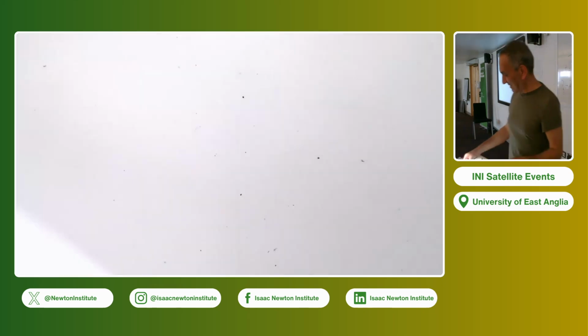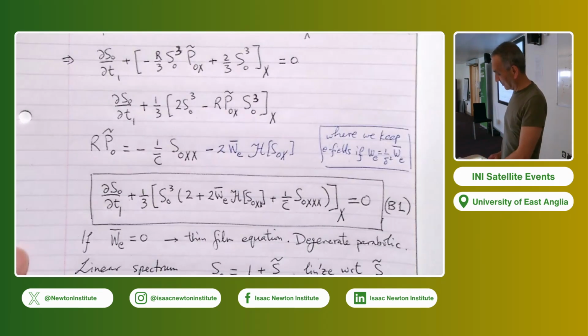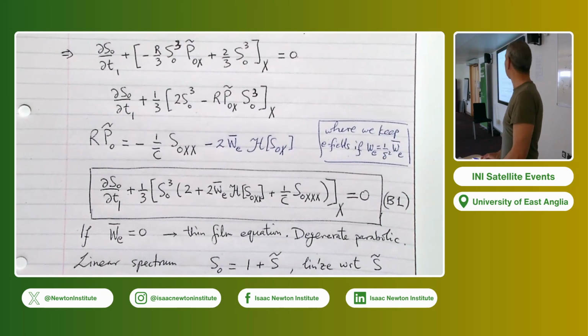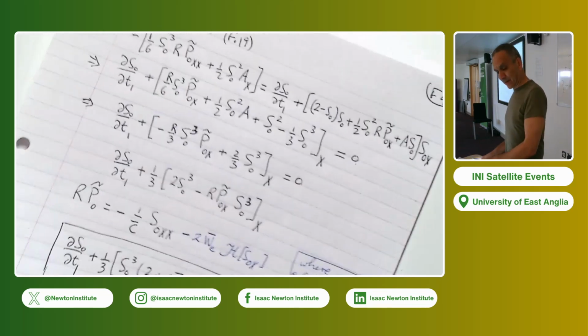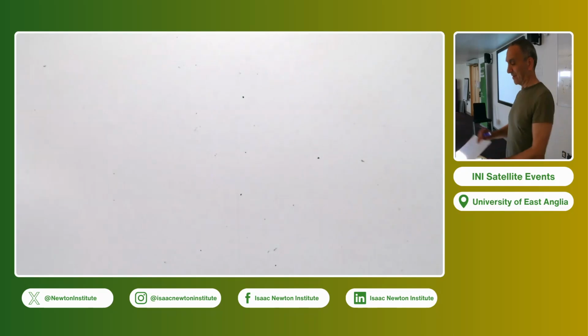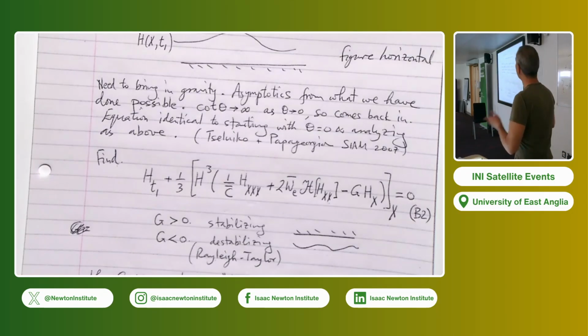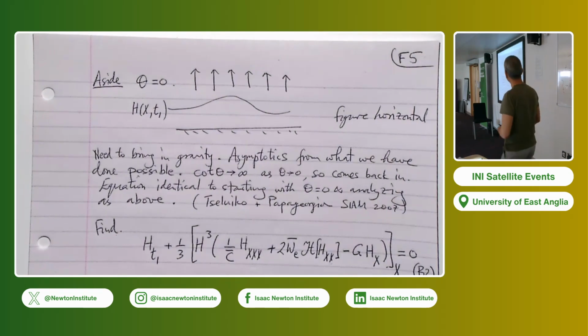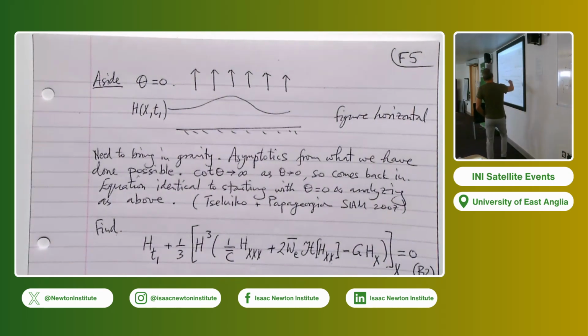Okay, so let me continue a little bit with this. So this is the type of equation we get. But let me show you another equation that comes up in a very similar kind of situation. But now I'm not even going to tilt the plate.